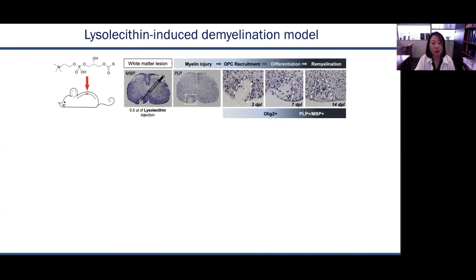It shows very dramatic dynamics of the repair process. In this time course, in the very early stage, oligodendrocyte precursor cells are recruited into the lesion area and start to differentiate, and then finally at around 2 weeks in the spinal cord, they fully repair. So this is a well-established mouse model.